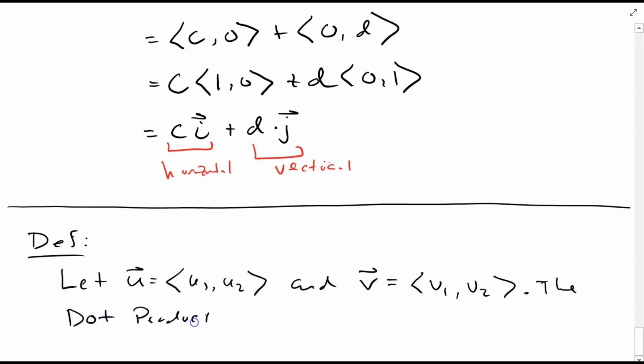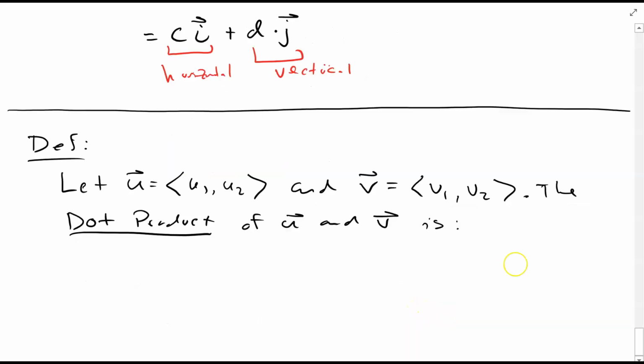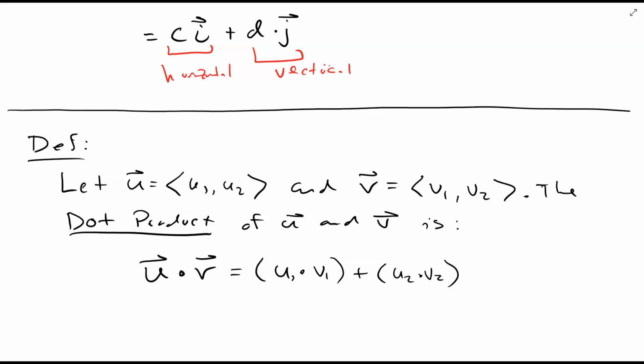We say the dot product of u and v, the notation that we use is just a dot between them, is u1 times v1 plus u2 times v2.